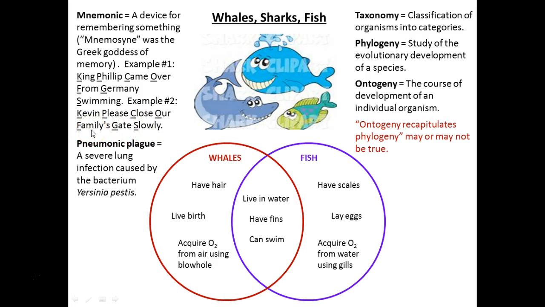Some people have family's gate, right? And domains come above that, right? So I've changed my sentence to, Damn, Kevin, close our front gate slowly, right? D for domain, which comes before kingdoms. Again, mnemonic, not to be confused with other pneumonics like pneumonic plague, which is caused by a bacteria.